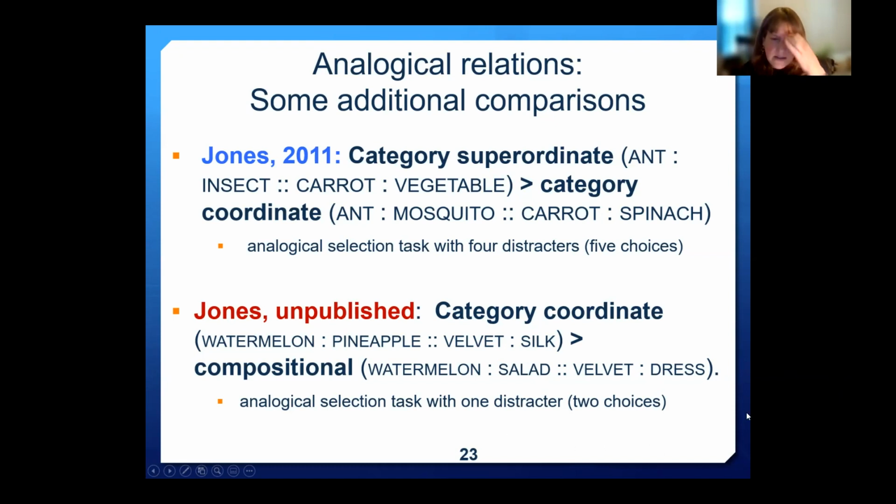And it was such that the distractor was controlled across the experimental list. So if you had the experimental list that showed the compositional version of this analogy, then the distractor item was silk, which kind of made it a little bit harder because half your items were category coordinate, half of them were compositional, but the distractor for the compositional was the category coordinate and vice versa.